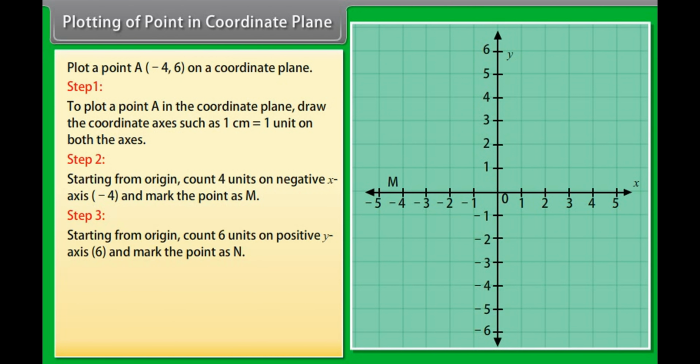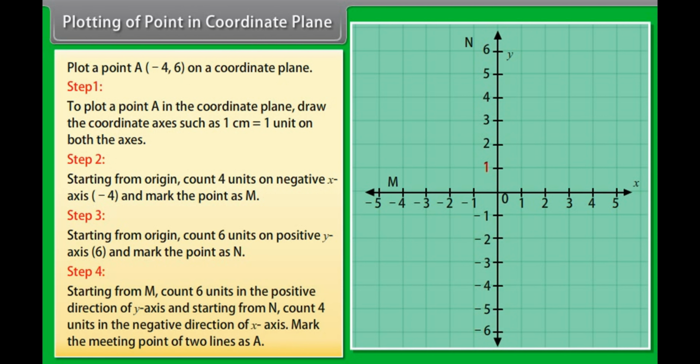Now starting from origin, count 6 units on positive y-axis, that is 6, and mark the point as N. Step 4. Starting from M, count 6 units in the positive direction of y-axis, and starting from N, count 4 units in the negative direction of x-axis. Mark the meeting point of two lines as A.